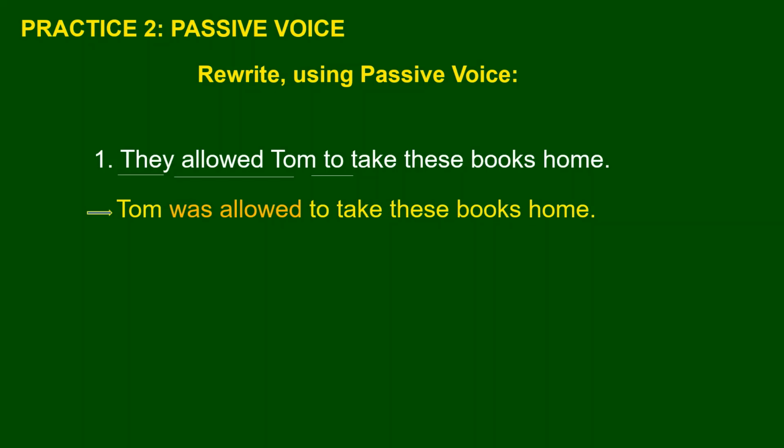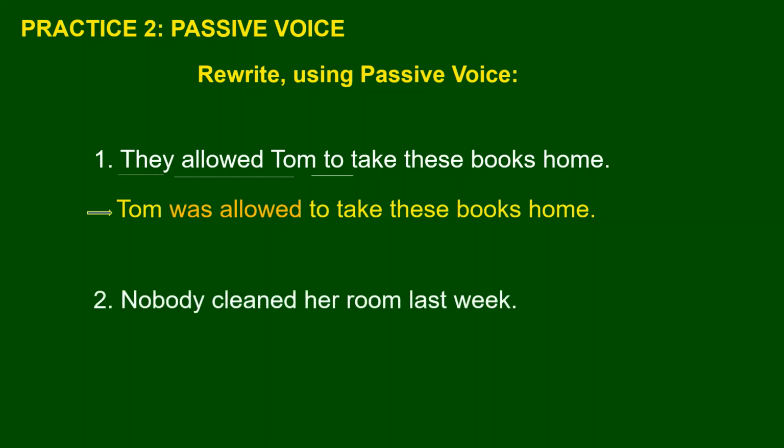Number two, nobody cleaned her room last week. You can see "nobody" is a subject. "Cleaned" is the verb and "her room" is the object. In this situation, I will write "her room" first as the subject in passive form, and then "nobody".